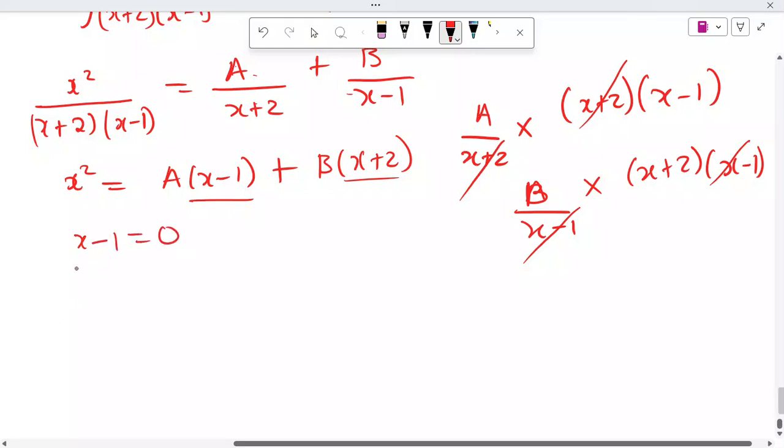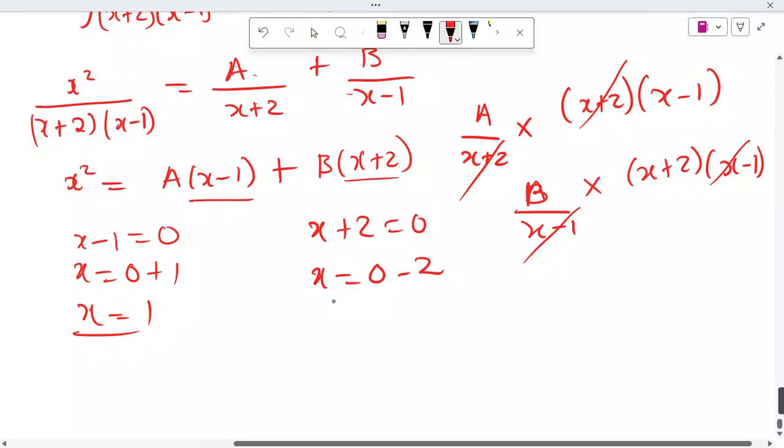What is the value of x? x equals 0, and when the 1 comes to this side it becomes plus, so x equals 1. For the second one, x plus 2 equals 0. Solving for x, x equals 0 minus 2, so x equals negative 2. So you have these values.